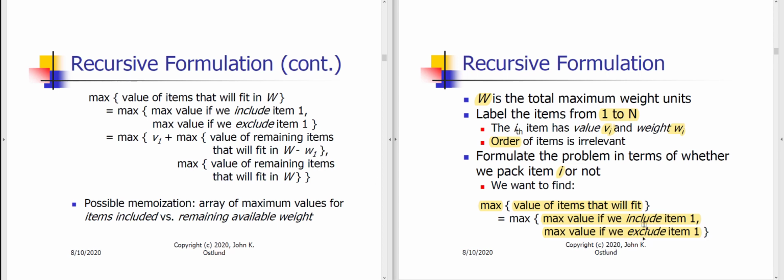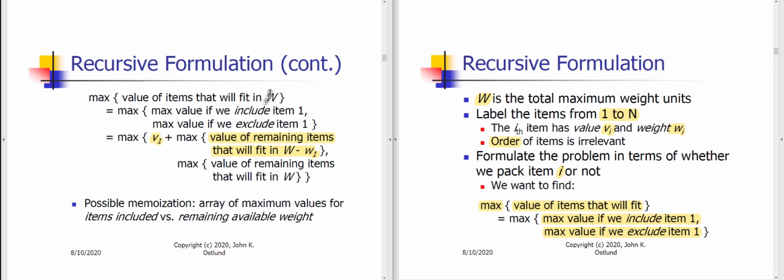Now, we can be a little more specific about this maximum value if we include versus maximum value if we exclude. Let's suppose that we include item 1. Then the value of including item 1 is going to be the value of item 1 itself plus the maximum value of all of the remaining items in a reduced available size.